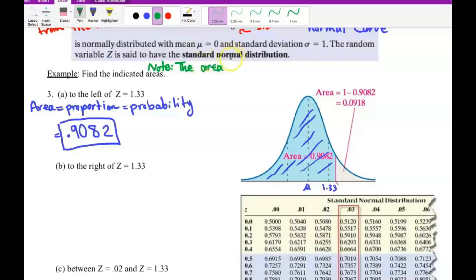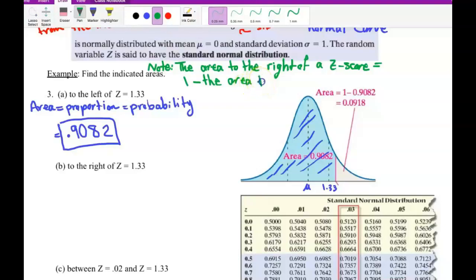The area to the right of the z-score is equal to 1 minus, since the total area is equal to 1 or 100%, the area to the left side of the z-score.